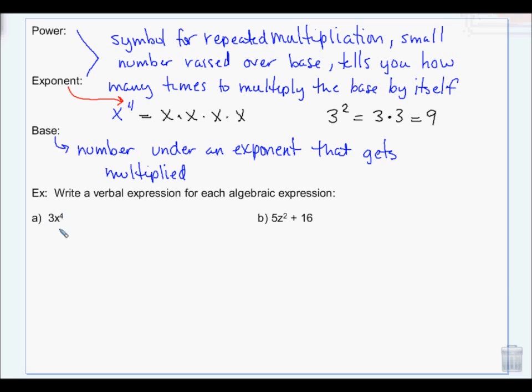When you're going to write a verbal expression for an algebraic expression, there's a couple different ways to write it because there's a few words that mean the same thing. So here we have 3x to the fourth.